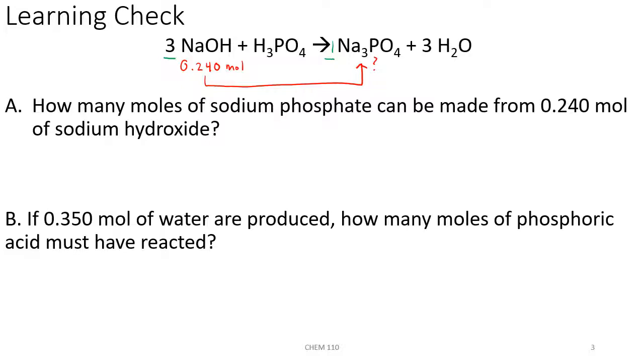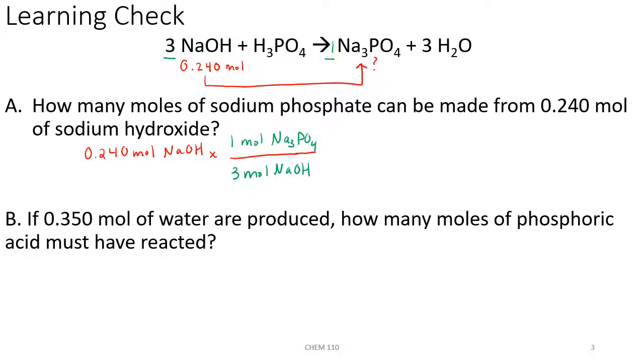Starting with what we were given in the problem, 0.240 moles of sodium hydroxide. Then using our balanced chemical equation, we can write a mole-to-mole ratio. The balanced equation tells us that 3 moles of NaOH react to form 1 mole of sodium phosphate, Na3PO4.